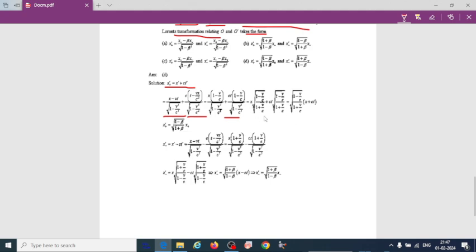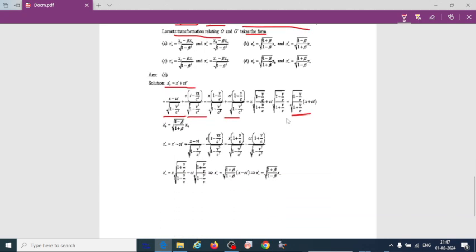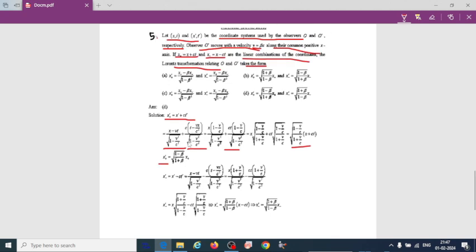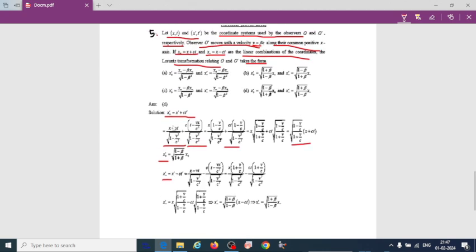we will get the final equation, that is root of 1 minus v divided by c over 1 plus v divided by c, into x plus ct. Here v by c, as we know, velocity is related to beta times c, so beta is v by c. That means x plus prime is equal to 1 minus beta divided by 1 plus beta, times x plus. Next we should evaluate x minus prime.